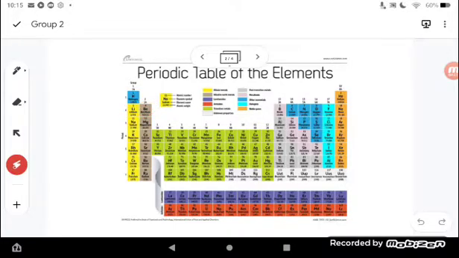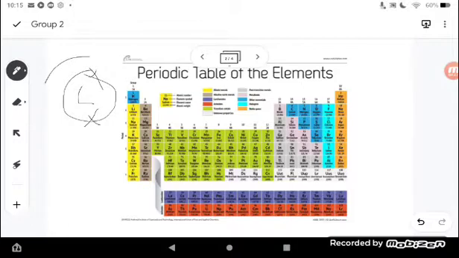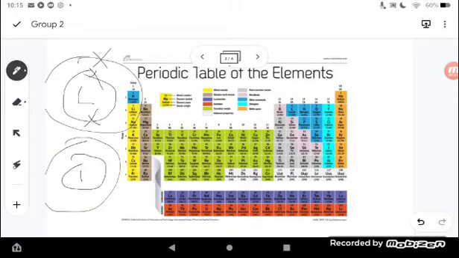The reason being is that if we draw both of them, lithium has two shells, sorry, beryllium has two shells, so they've both got the same amount of electron shielding. They've both got two electrons between the outer electrons and the nucleus.